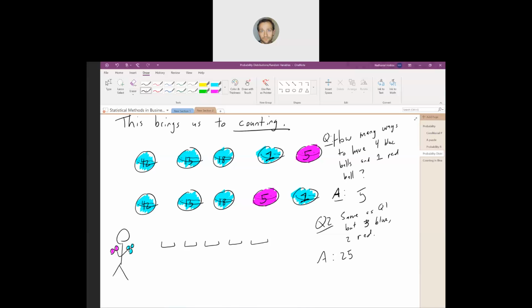5. Okay. Given that you have 4 balls left, right? And you've put 1 down. Now for the second magenta ball, how many choices do you have? 4. Why 4? Why not 5?